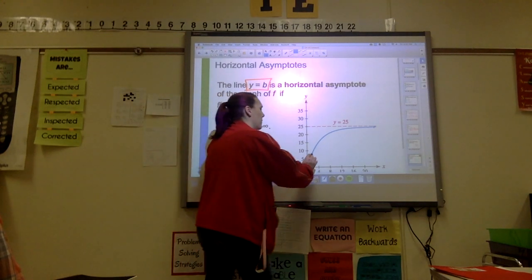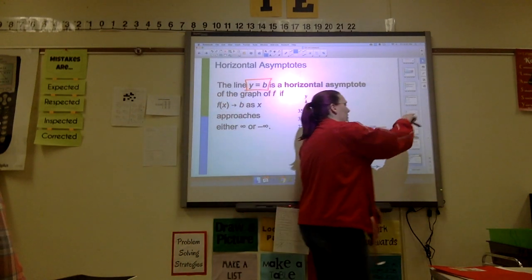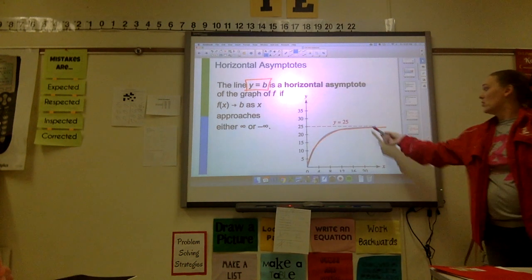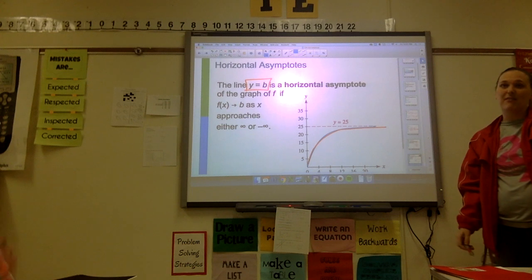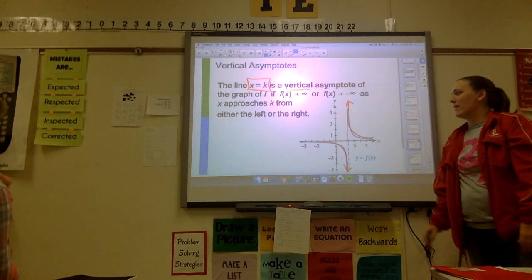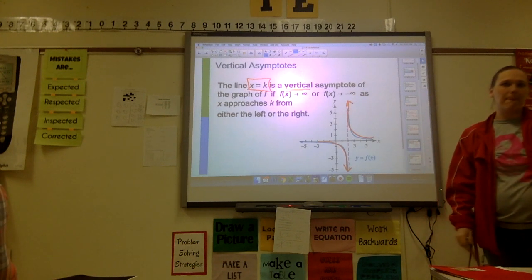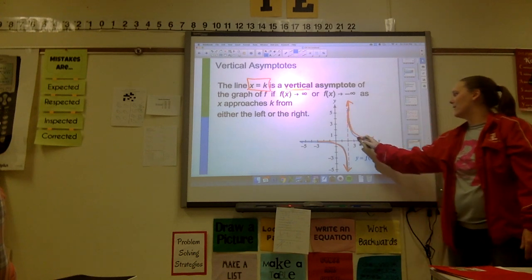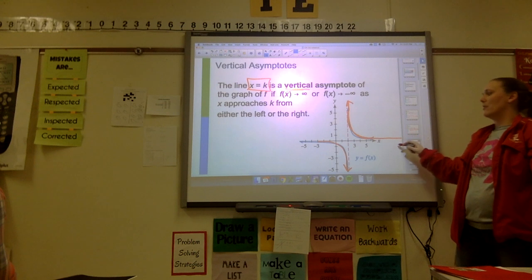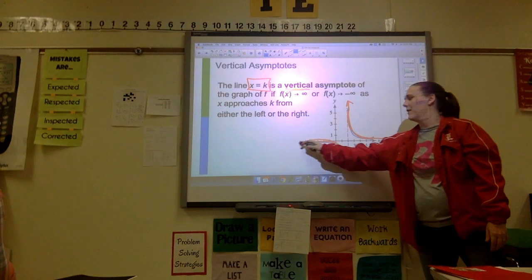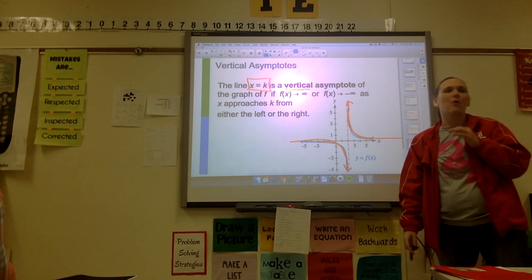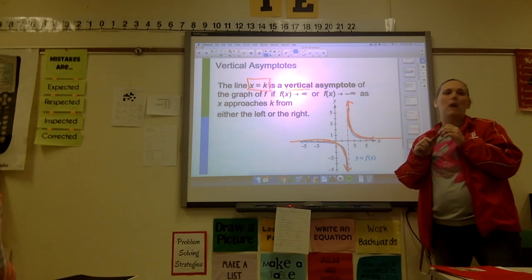As I follow my graph to positive infinity, what is the height of my function going to? 25. Does it ever reach 25? No. This graph back here, does it have a horizontal asymptote? As I follow my graph to positive infinity, 0. Negative infinity, also 0. So what is the equation of the horizontal asymptote? y equals 0.